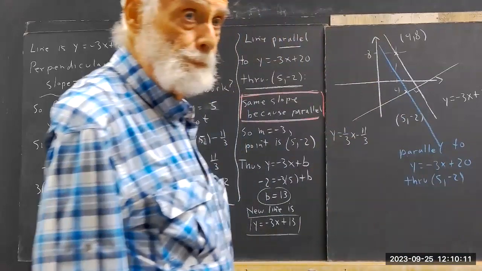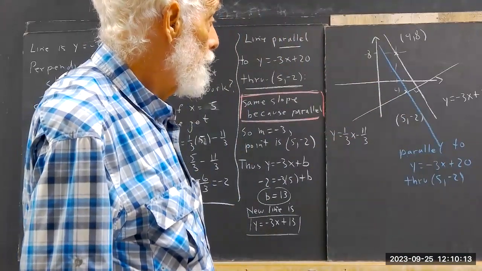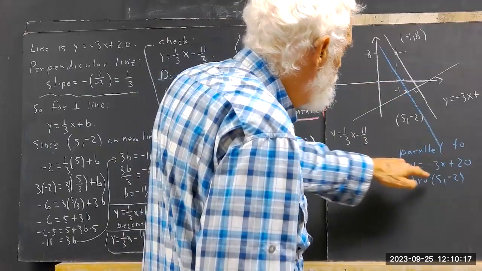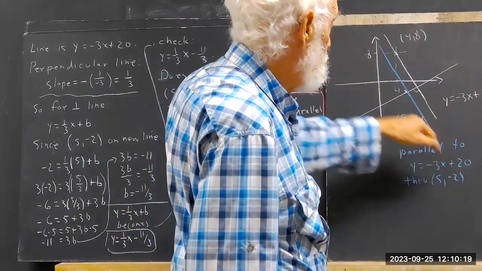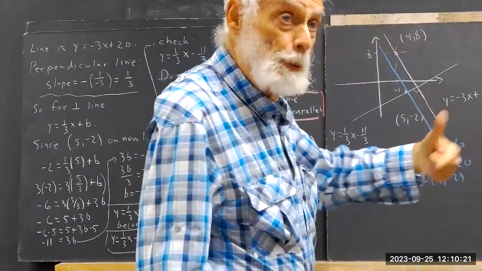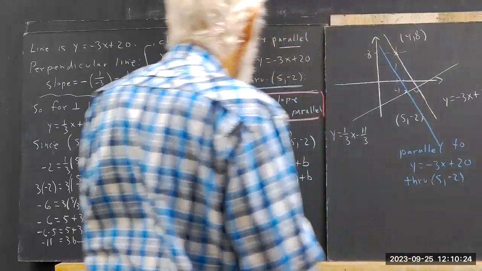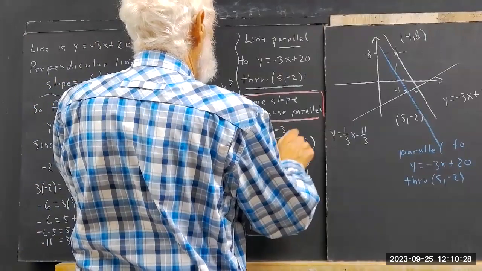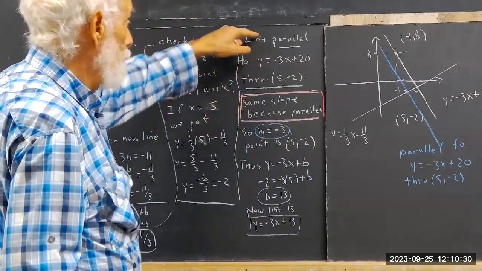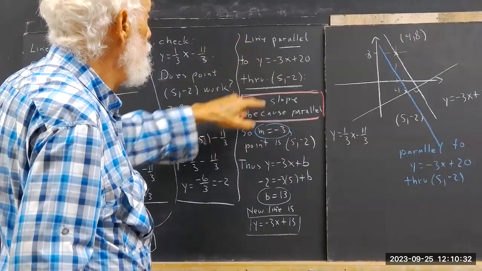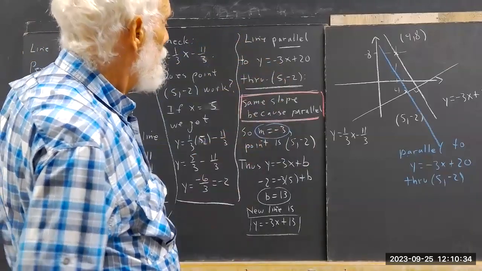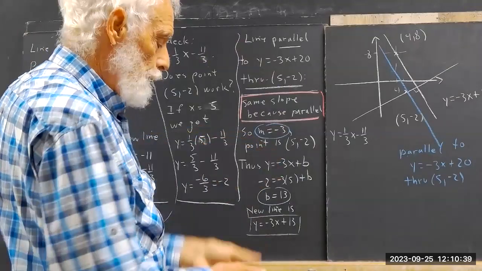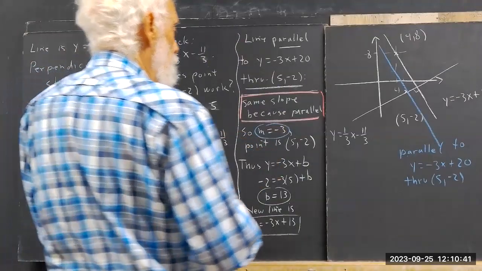Its slope is the same. They have the same slope, they're parallel. So the line's parallel, so m equals negative 3 for the new line. The line parallel to this line through this point. Well, m equals negative 3. The point is 5, negative 2.